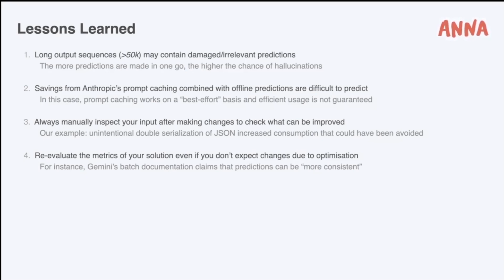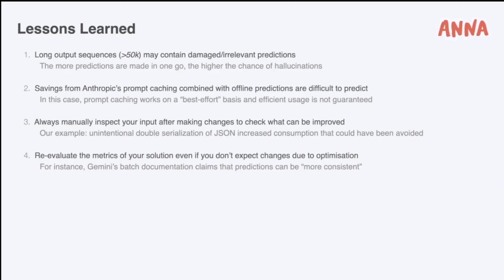Sometimes we could see that the ID is either made up or there is a mistake in the ID, so we cannot attribute the prediction to any of our transactions. And there can be some irrelevant predictions. Though the share of them is about 2-3%, before we used such a long output sequence, it was 0. So this was not expected. We can live with that, but this is an important point here.